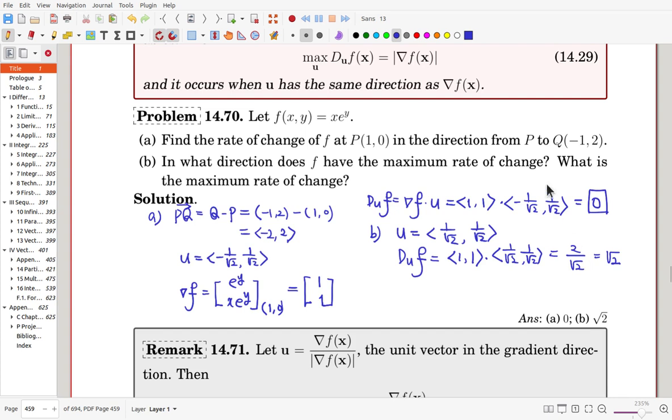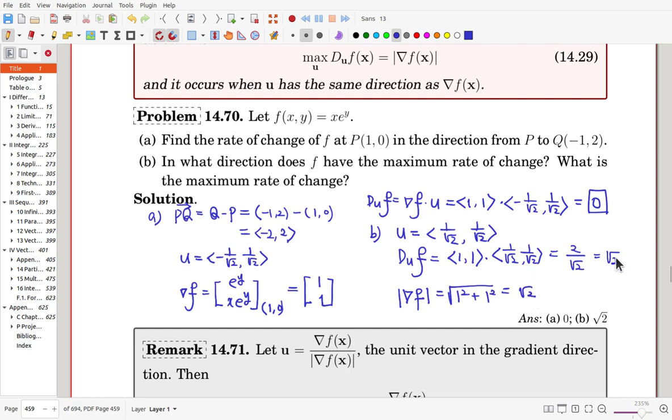And also this theorem says that maximum of the directional derivatives is the norm of gradient of f. Okay, we'll try to use this formula. And gradient of f norm, we have (1, 1). So that's square root of 1 squared plus again 1 squared. That is square root of 2.